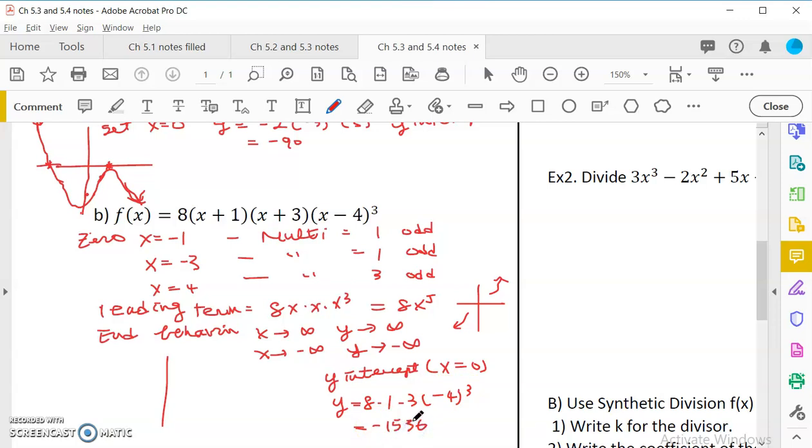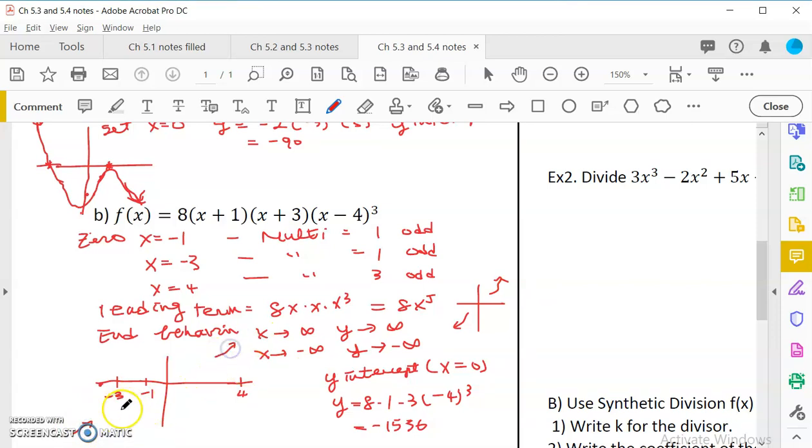Y-intercept. Now, we're ready to graph. Oh, this is just a sketch because we cannot go to negative 1000. So mark out all the zeros. We have negative 3, the furthest, and then negative 1, and then 4, right? The end behavior comes from the negative infinity side.